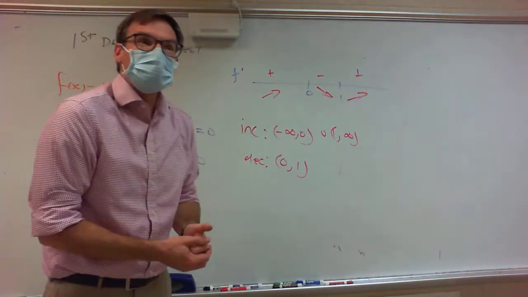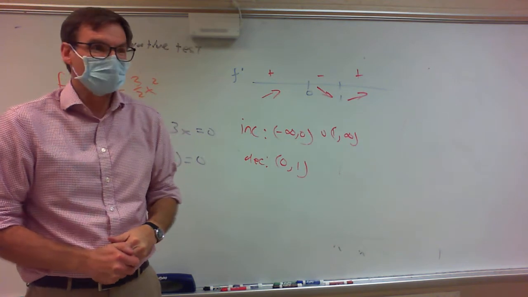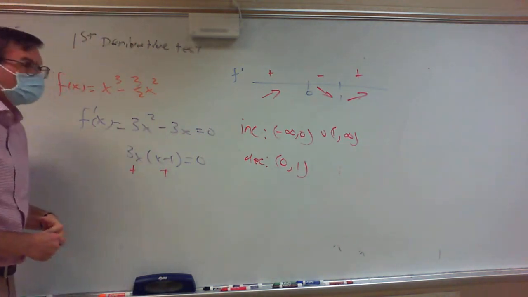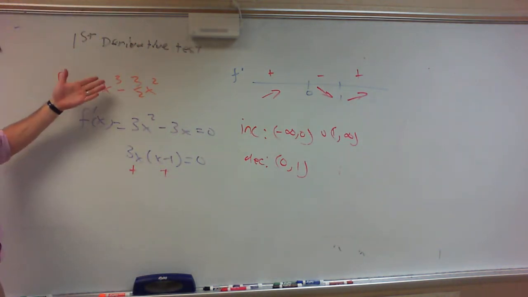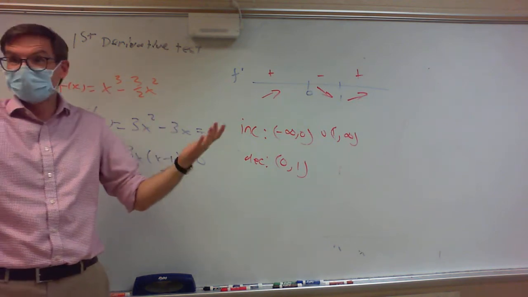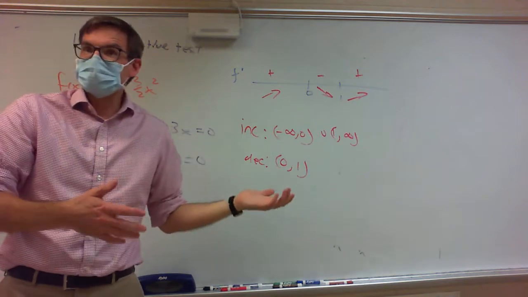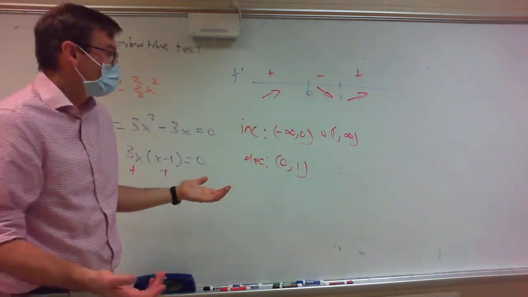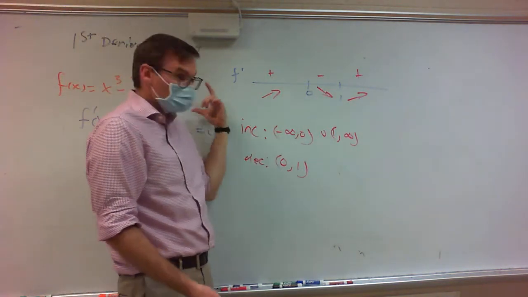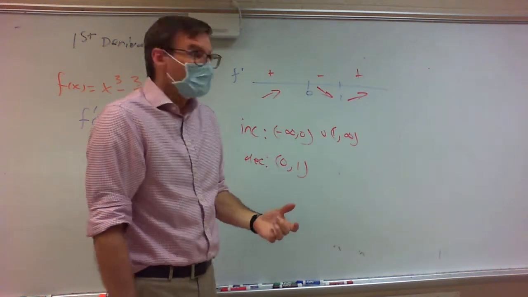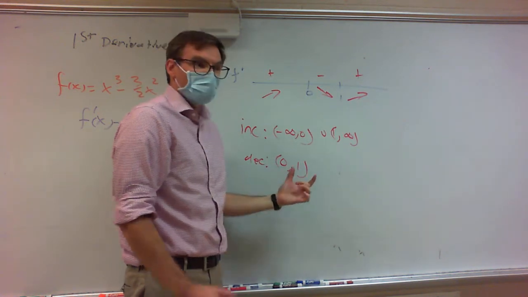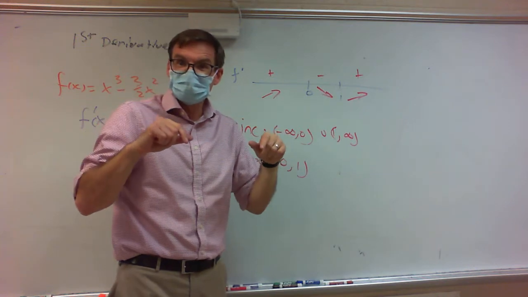Unfortunately, the AP exam doesn't think that way. They'll give a multiple choice question with a function and say, where is this function decreasing? And if you were given this problem, you would say 0 to 1. Well, none of the answers will be 0 to 1 with parentheses.